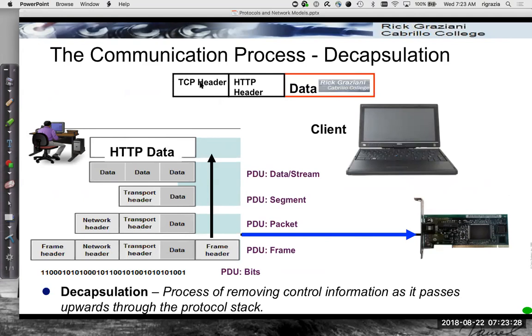The TCP process in the client takes a look at the information in the TCP header, and everything looks good. It hands it up to, in this case, the HTTP application, which then hands it off to the browser. So decapsulation is the process of removing control information, removing those headers, as it passes up through the protocol stack.